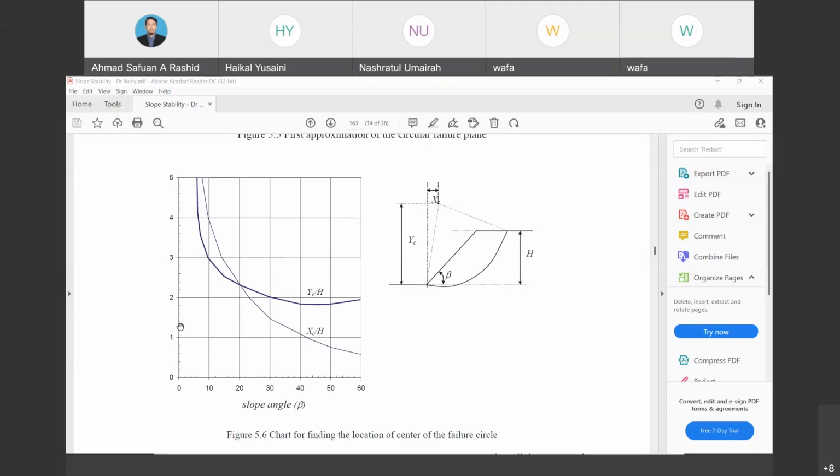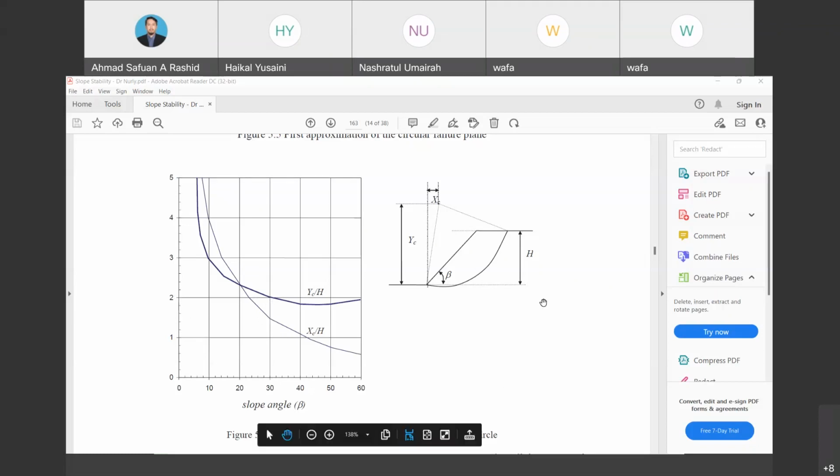For example, the value is equal to 1.5. Then another one, to get the value for YC over H, the value is equal to 2 when we refer to the Y axis.